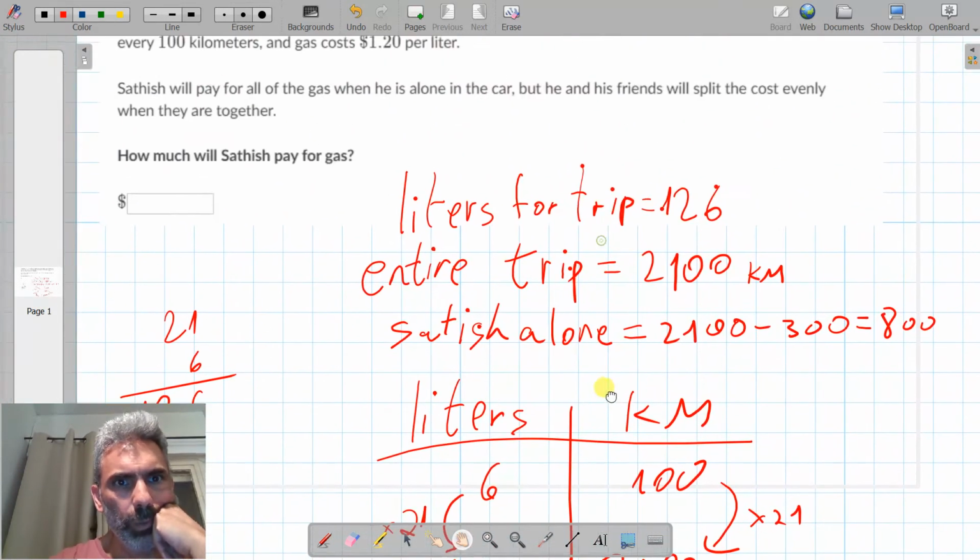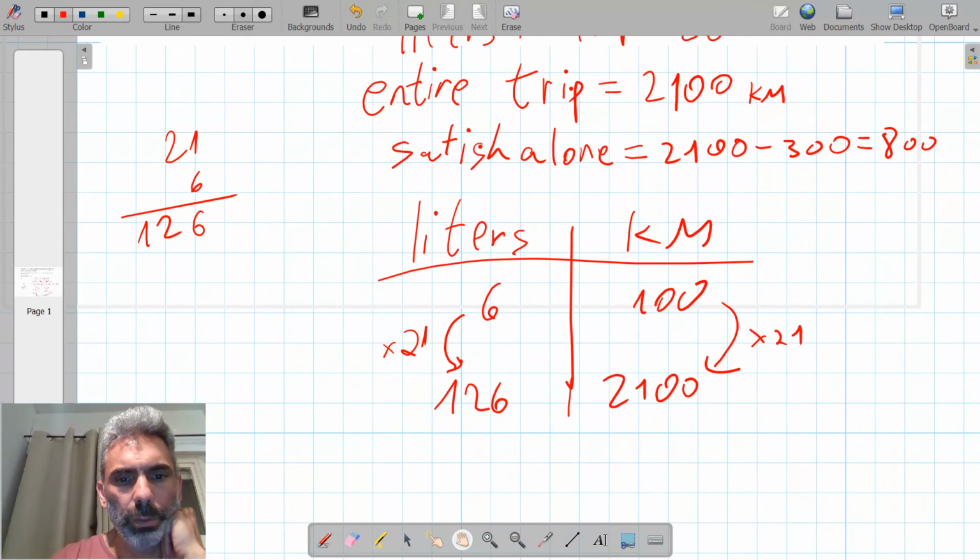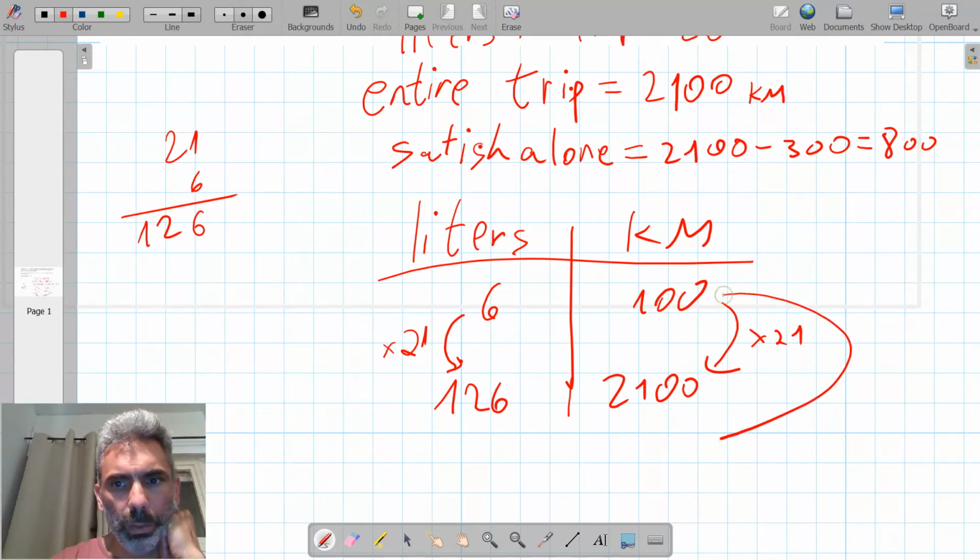Okay, but we need to find out how much Satish will pay for this. We don't need to go from 100 to 2100. We need to go from 100 to 1800, so we need to multiply by 18.